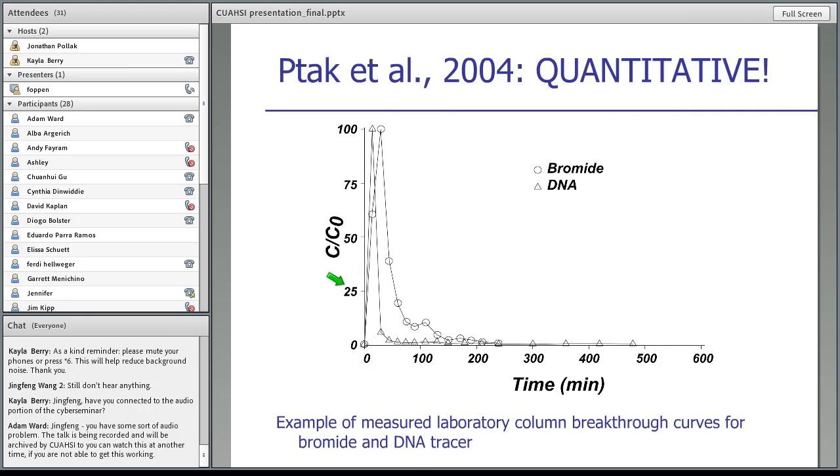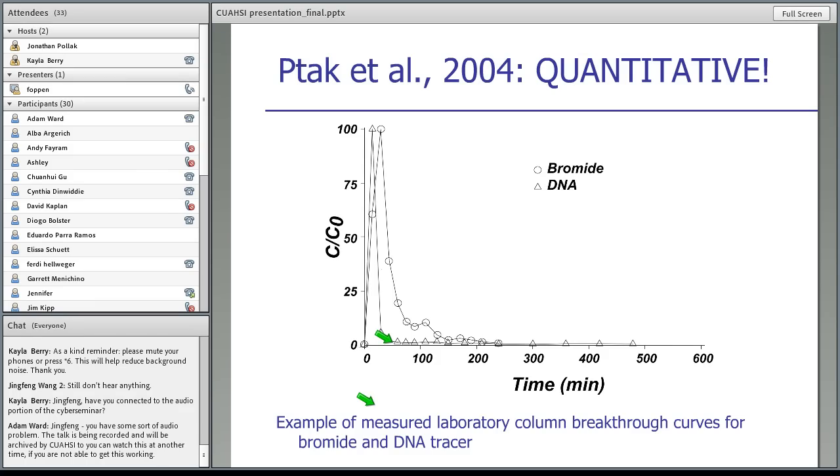Thomas Ptak from Tübingen, Germany, was the first to do quantitative DNA work, and here you see an example of a breakthrough curve from a laboratory column. This one here is the bromide breakthrough curve, and the other one here is a DNA breakthrough curve.